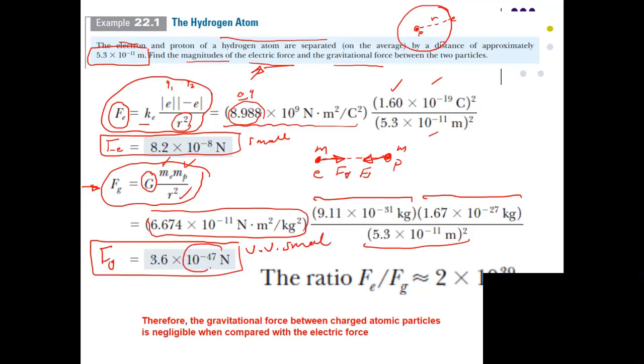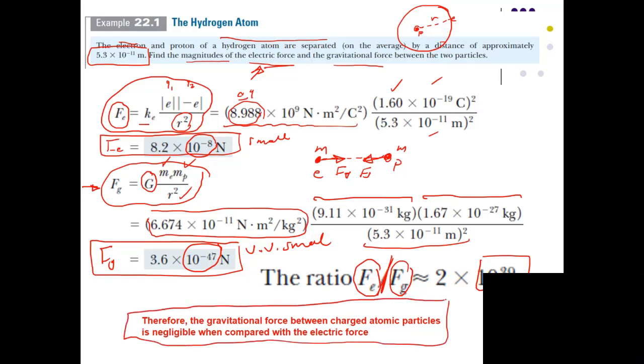This is 10 to the power minus 47, compared to 10 to the power minus 8, which means the electrical force divided by the gravitational force is very, very, very large. It's 139 zeros in front. That's why when we solve problems with elementary particles, we simply ignore the gravitational force.